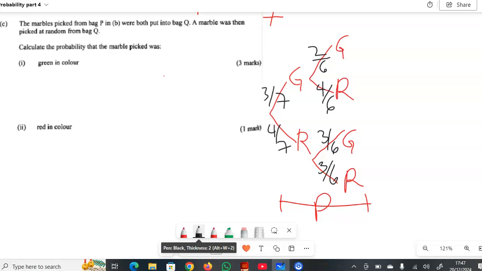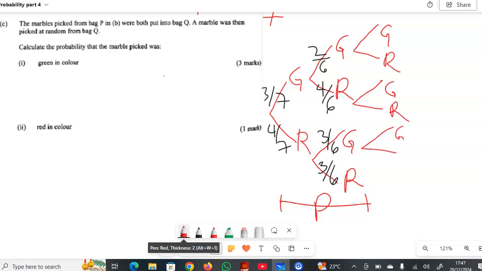The third pick now using bag Q, you can either have green or red, green or red, green or red, green or red.